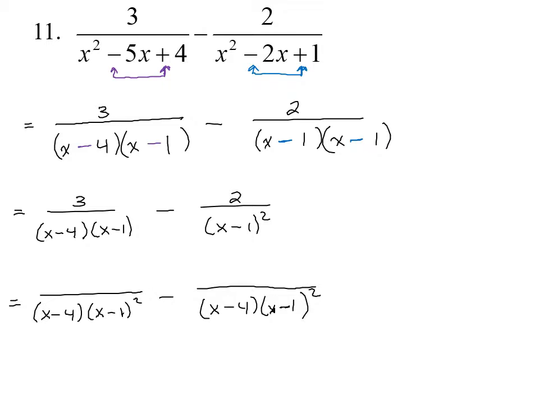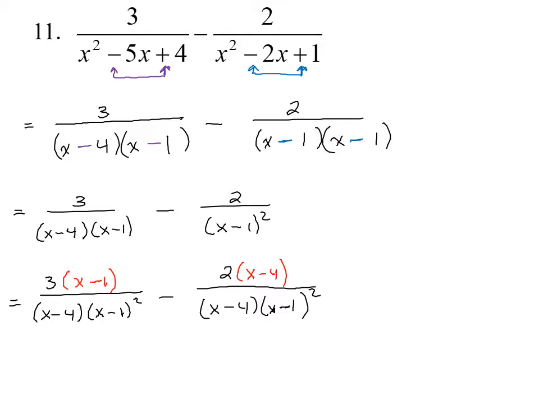So on the top, I had a 3. The 3 was over the x minus 4 and the x minus 1, but not x minus 1 squared. I had to stick an additional x minus 1 on top. And on the other one, I had a 2. It had the x minus 1 squared, but I had to put an x minus 4 on top. And this is where you have to be really careful.